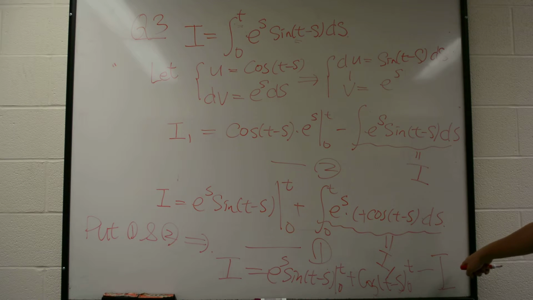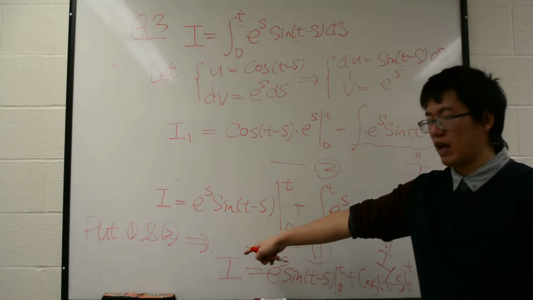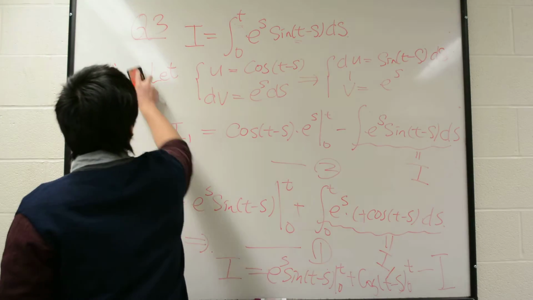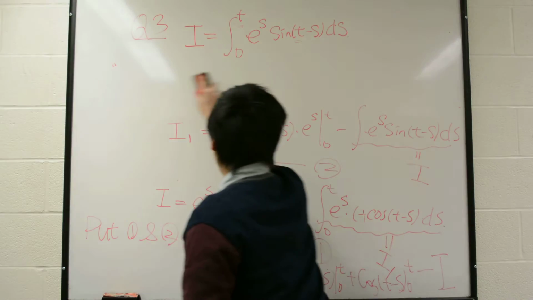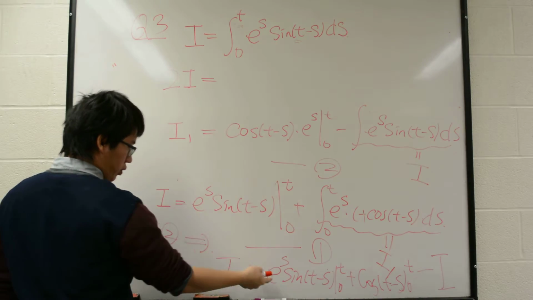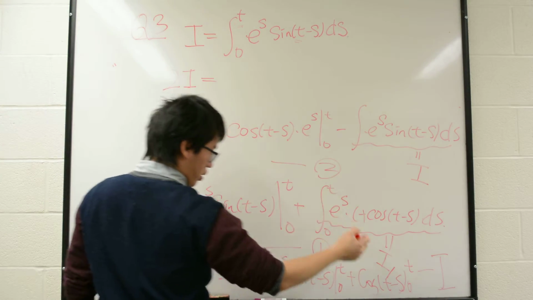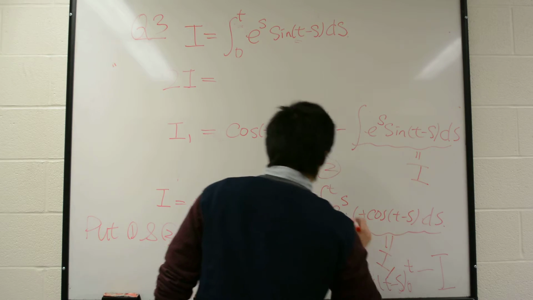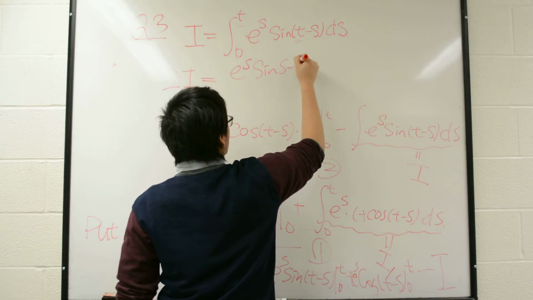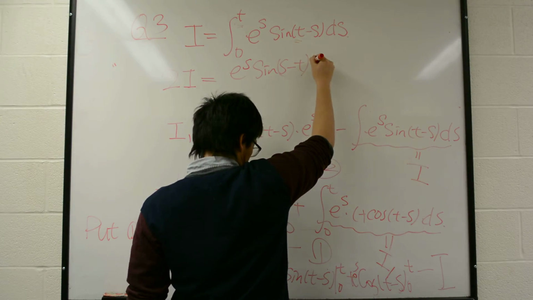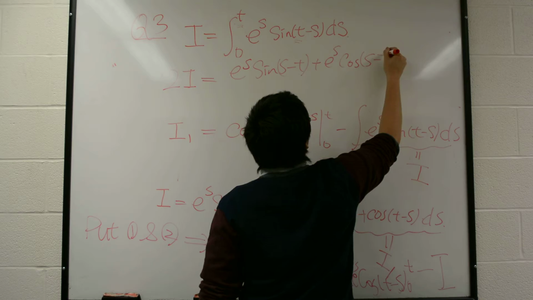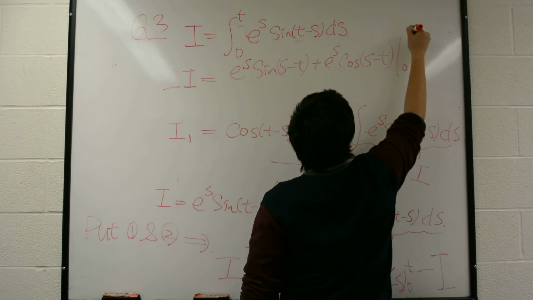So we move the I from the right-hand side to the left-hand side, and we get 2I equal to e to the s sine(s minus t) plus e to the s cosine(s minus t) from 0 to t.